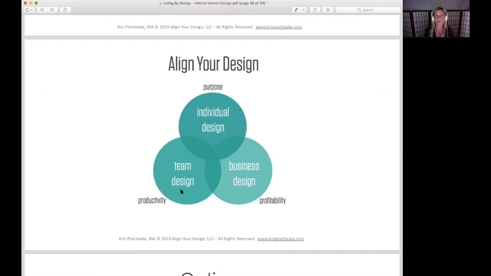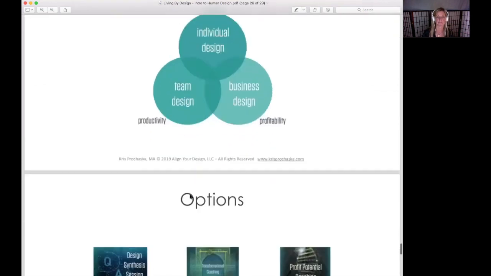So all of it is around helping people to understand their purpose. And when you understand your purpose and your design, whether that's individually, on a team, or in a larger capacity, like a business or even a family, it can increase productivity and profitability. And so it's really, really cool to map all that out.